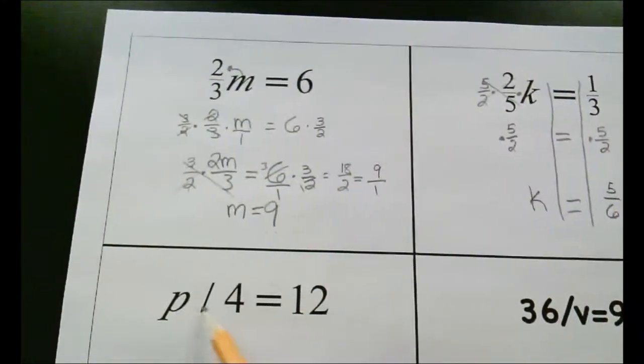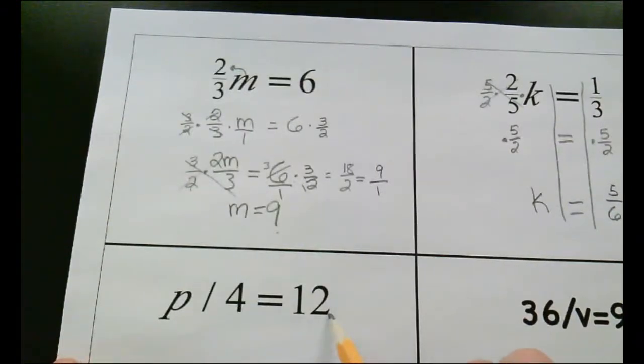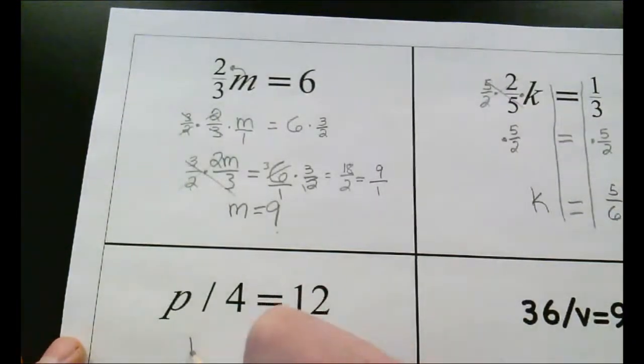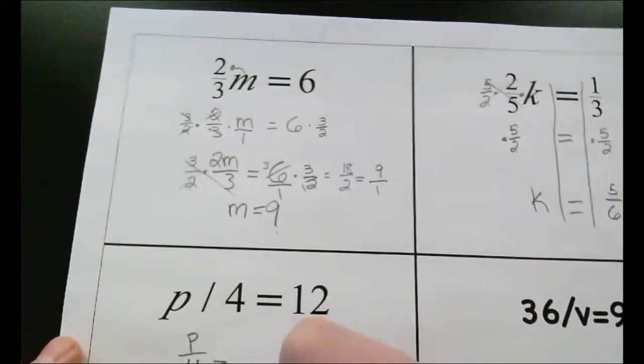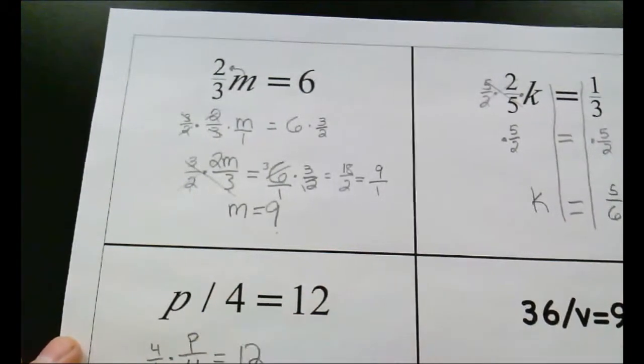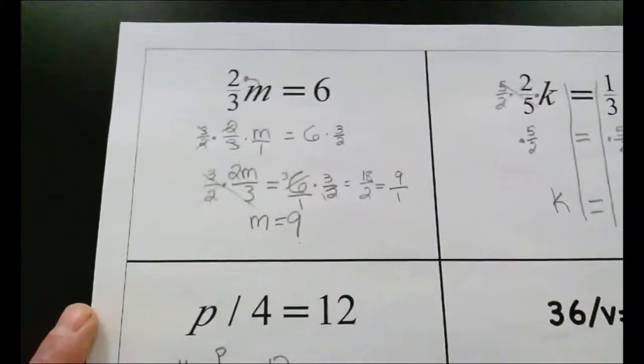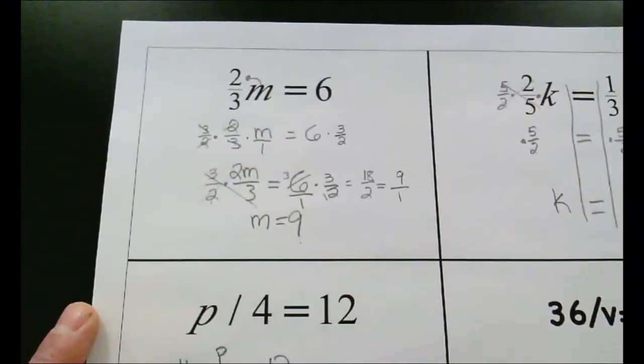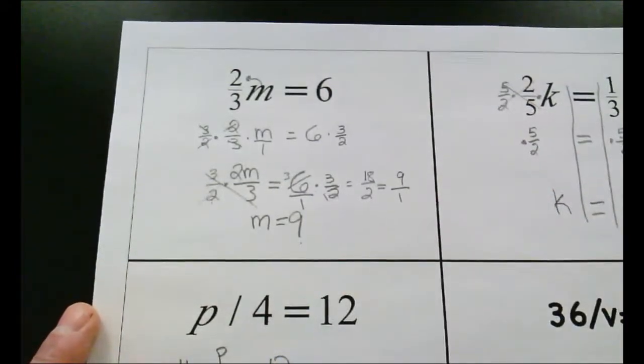Over here we have p divided by 4 equals 12. I could rewrite this as p over 4 equals 12, and the opposite of divide by 4 is just multiply by 4. So what I do to one side, I do to the other: multiply one side by 4, multiply the other side by 4.